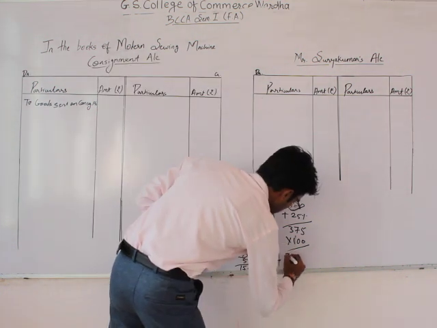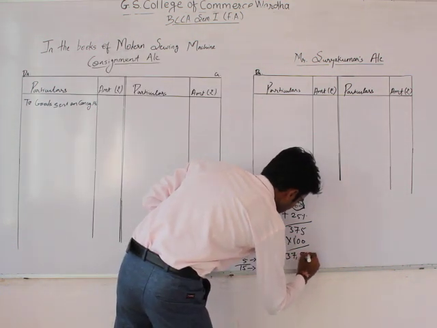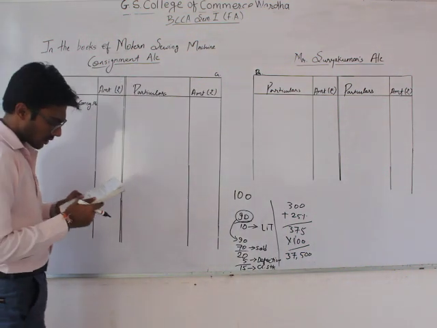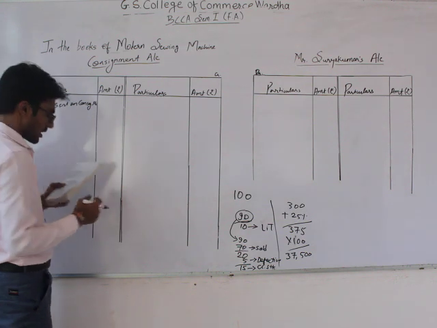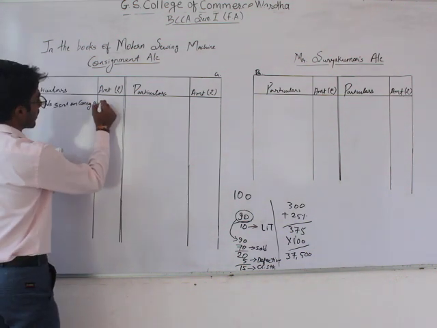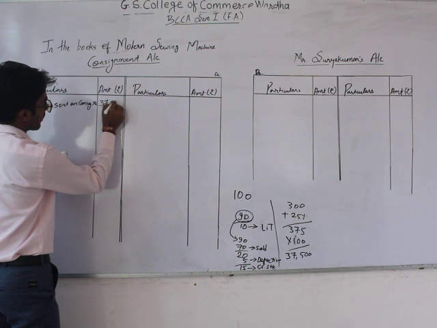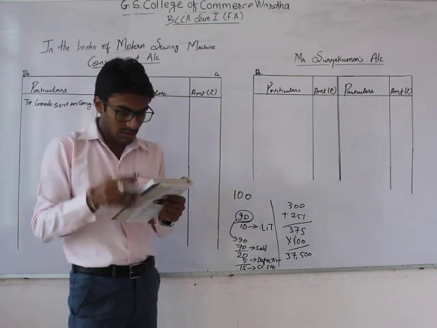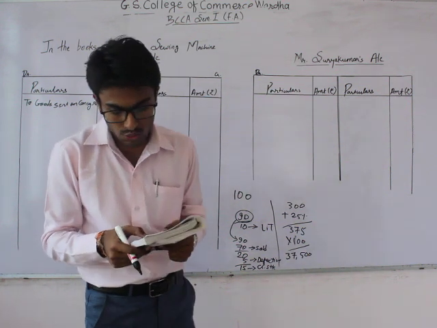That is how 37,500 will be your goods sent on consignment account. So 37,500. Done.